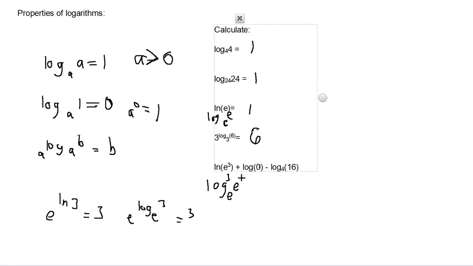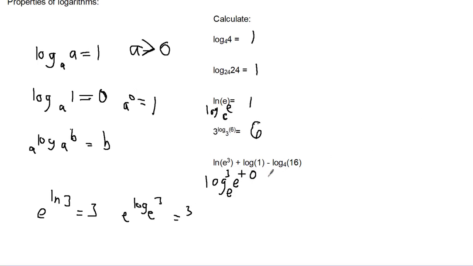Log of 1 is 0, minus log base 4 of 16. So 4 to the x is 16, so x is equal to 2. 3 plus 0 minus 2 is equal to 1. So this whole thing is equal to 1.